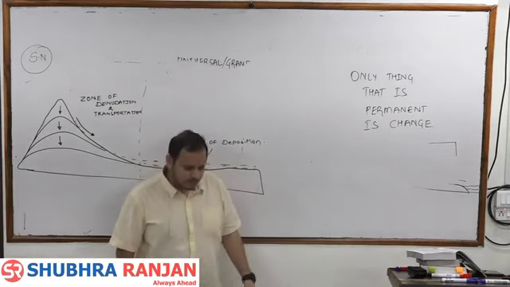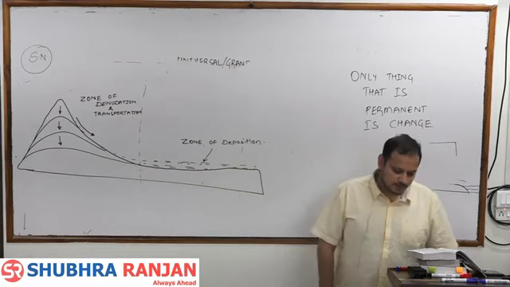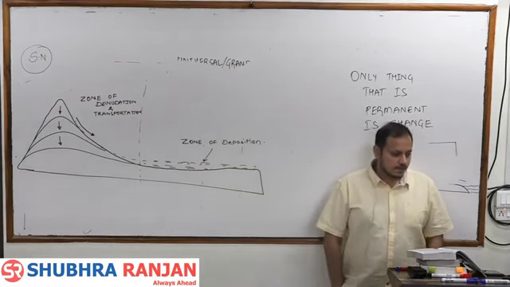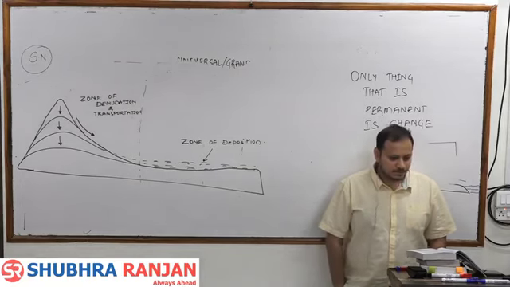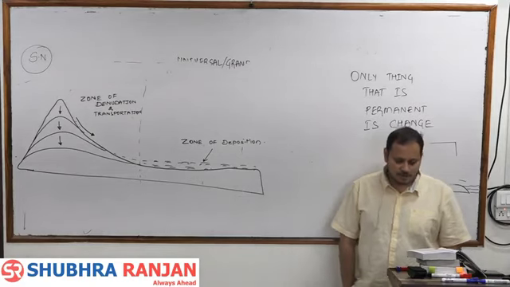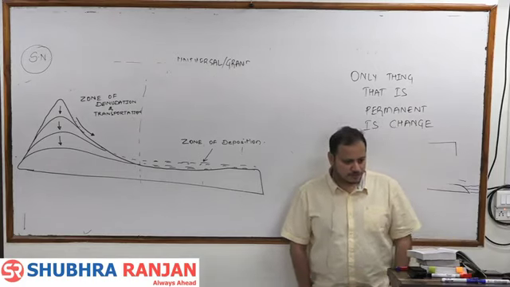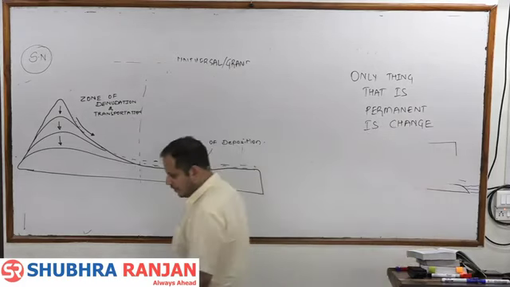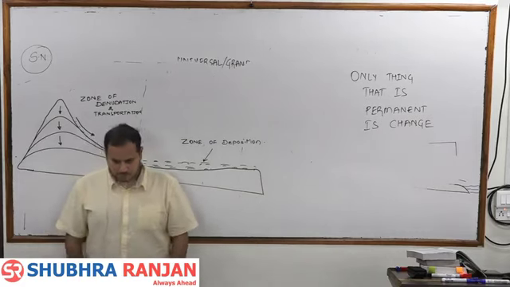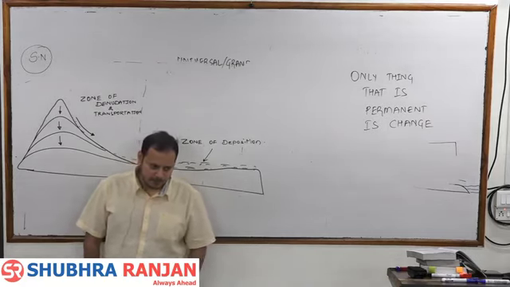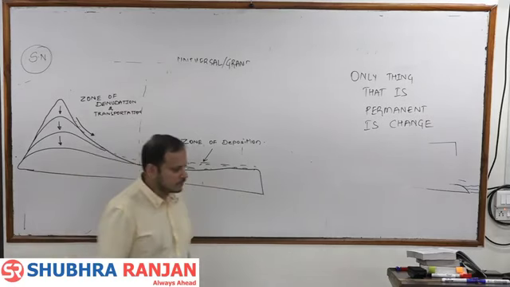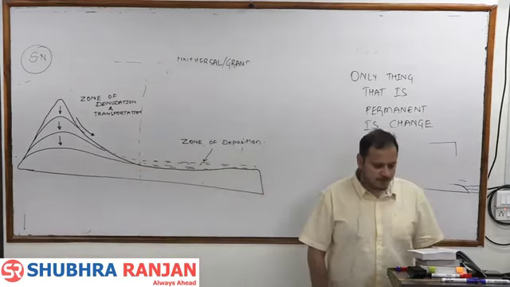This has again been your past year question. It is: geological structure is a dominant control factor in the evolution of landforms, and is reflected in them.